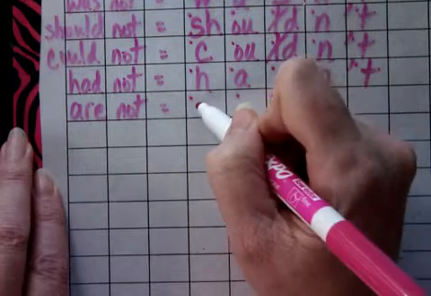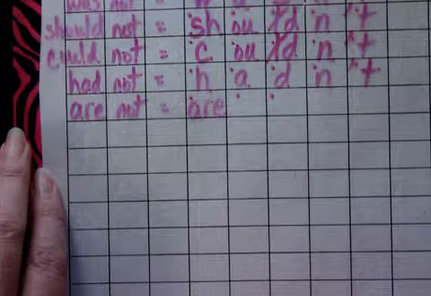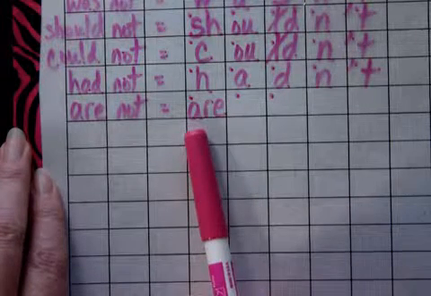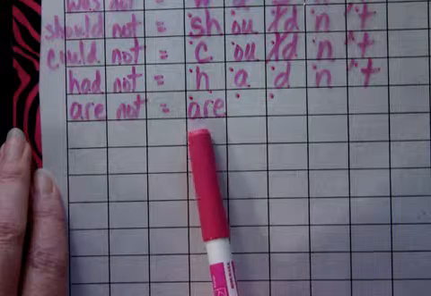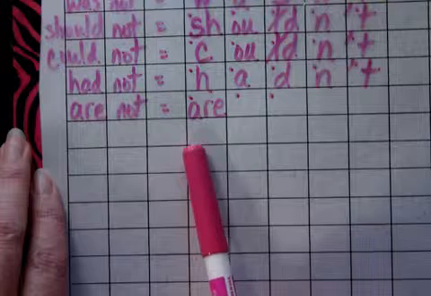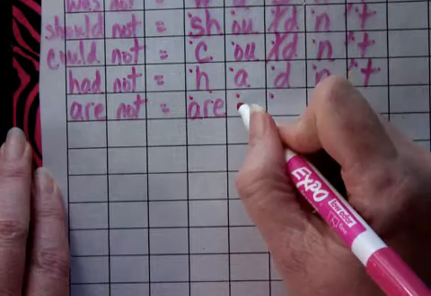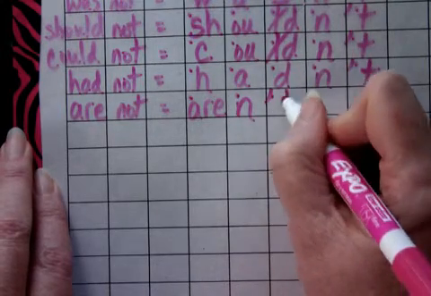Are is going to be in one box. R, that's an R-controlled vowel and a silent E. I couldn't find in any of my books why that silent E is with it, because it does not make a sound. And R is an R-controlled vowel. The A would not be in a box by itself because it's not A-er, it's R, which is that R-controlled vowel sound. So, R goes in one box. Apostrophe T.